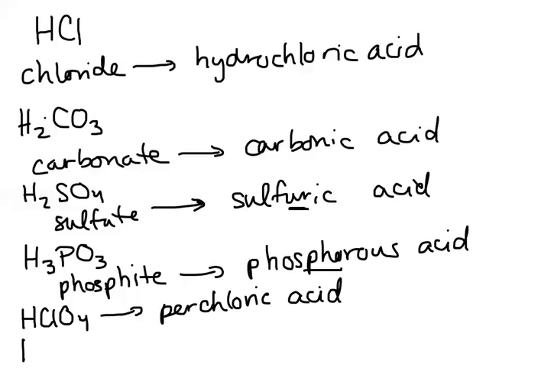What about HClO? What's that anion? What's chlorate? Yes. So chlorate is ClO3 minus. We subtracted 2 oxygens, so that makes it hypochlorite. Ite goes to ous.